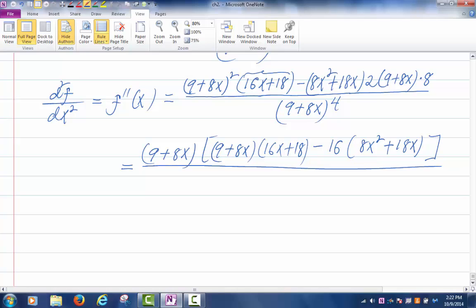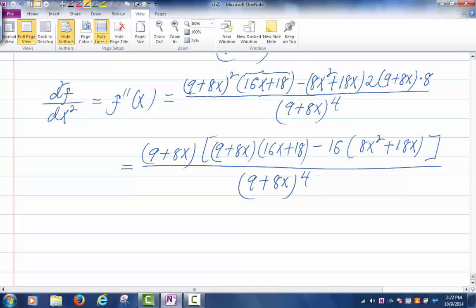Even if I write it as 2 times 9 plus 8x cubed, I still have only 9 plus 8x here. So that's a good suggestion, but you can still only factor out 9 plus 8x.